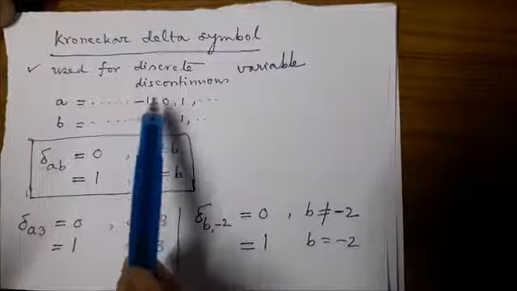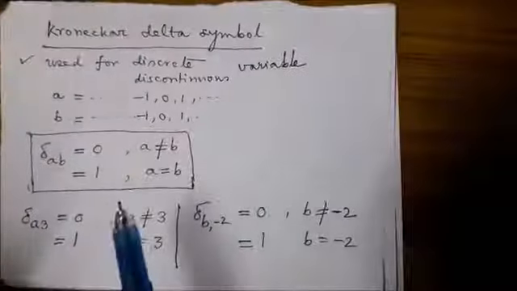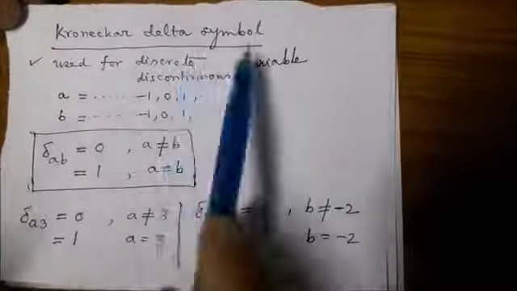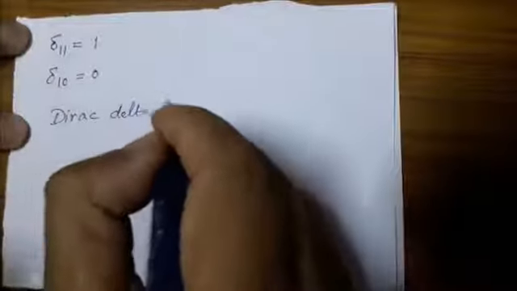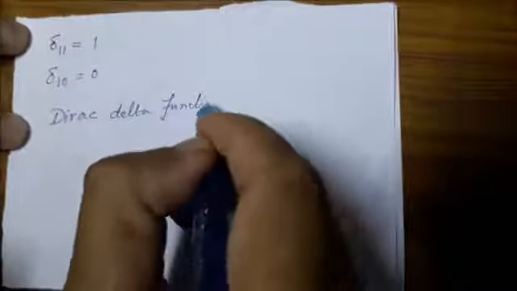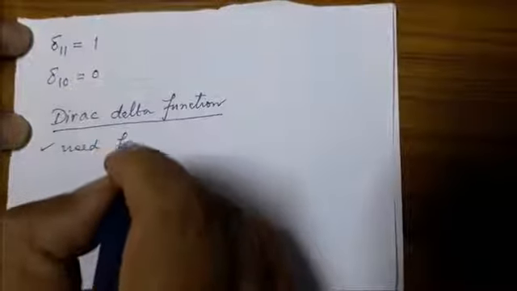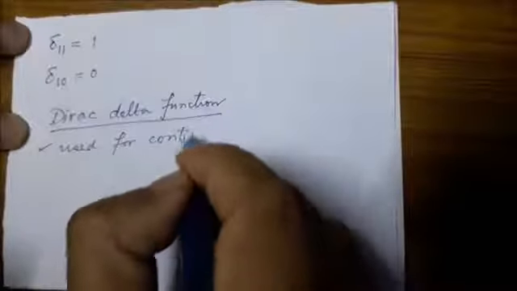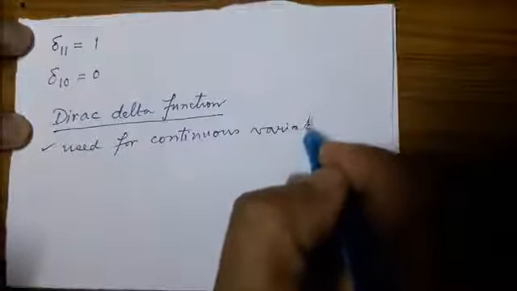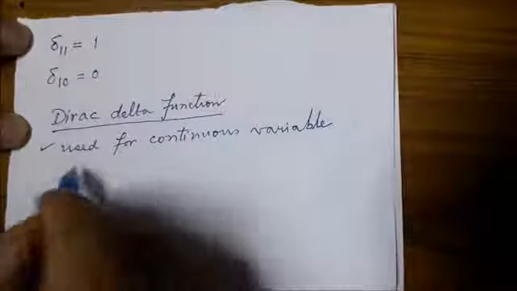But if A assumes continuous values, then we cannot use Kronecker delta symbol, and instead we will be using the Dirac delta function. Dirac delta function is used for continuous variables, say x.